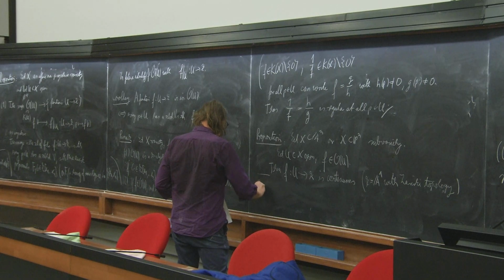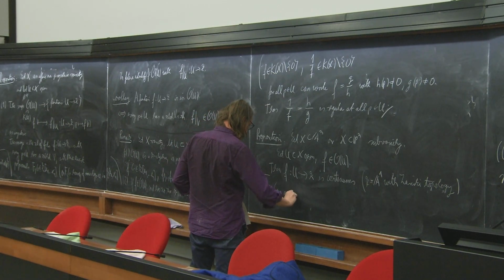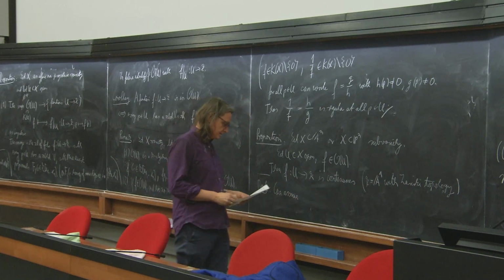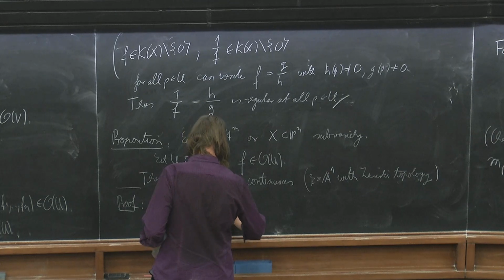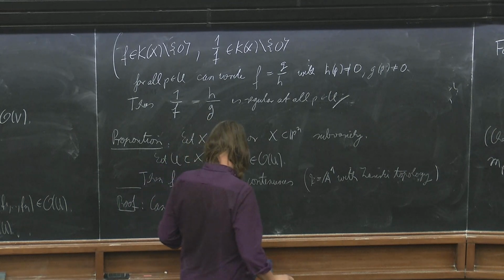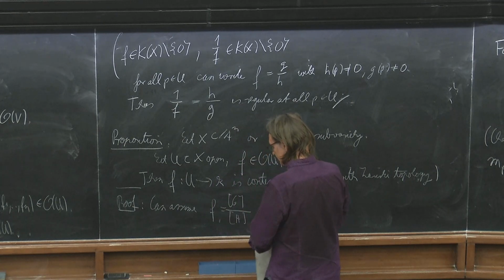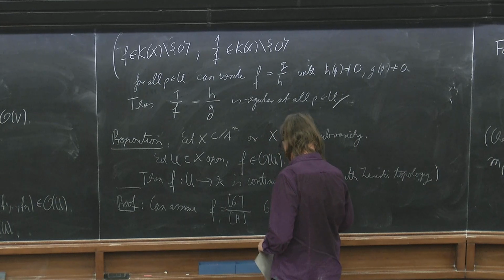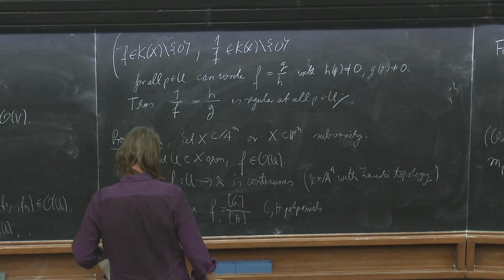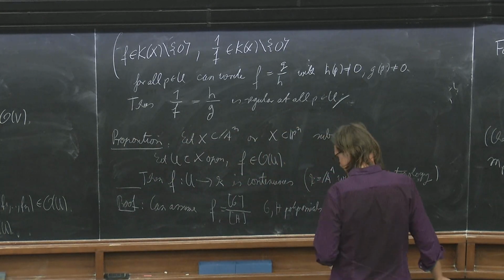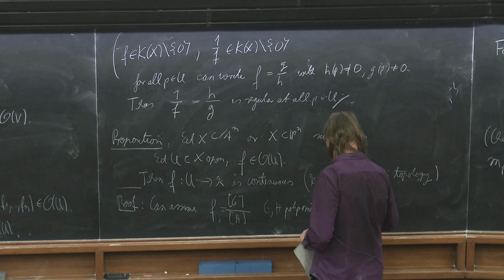Proof: we can assume that f is equal to g divided by h, where g and h are polynomials, either homogeneous of the same degree in the projective case or just polynomials, and h does not vanish on U. h has no zero.